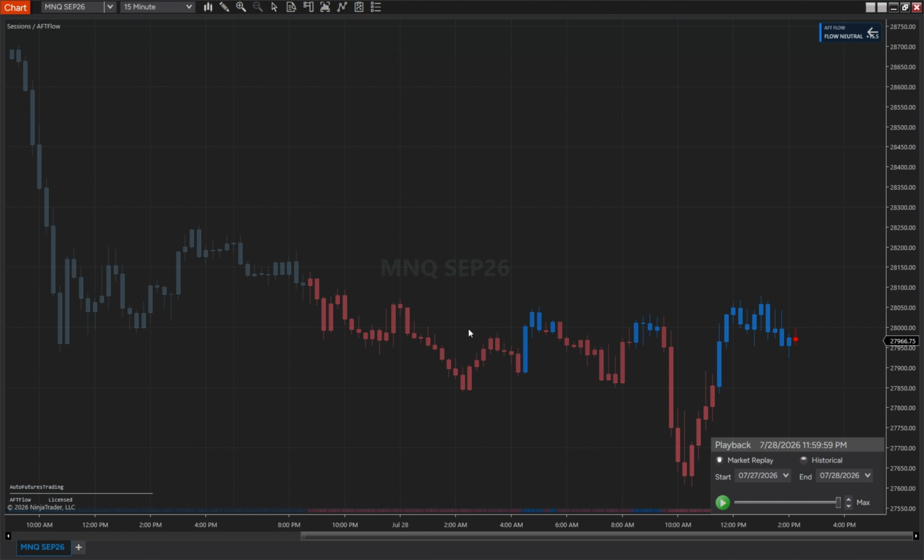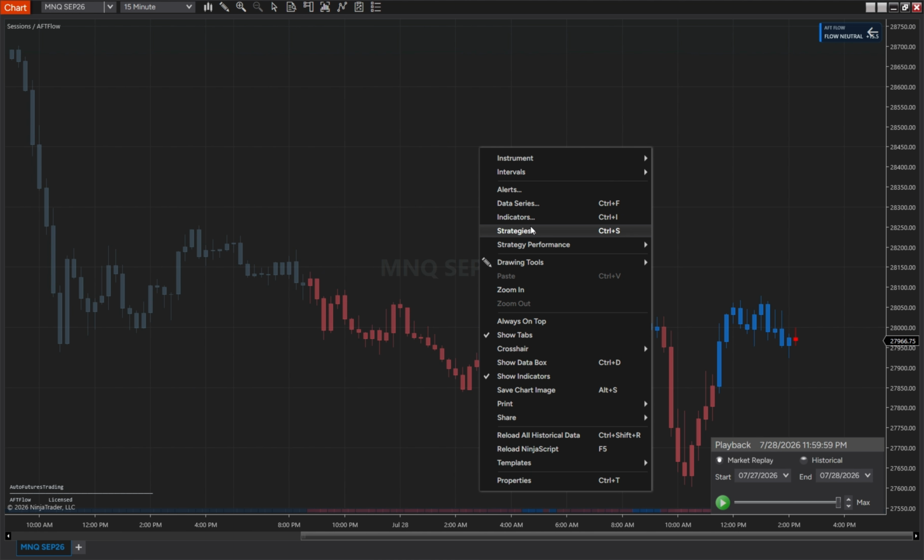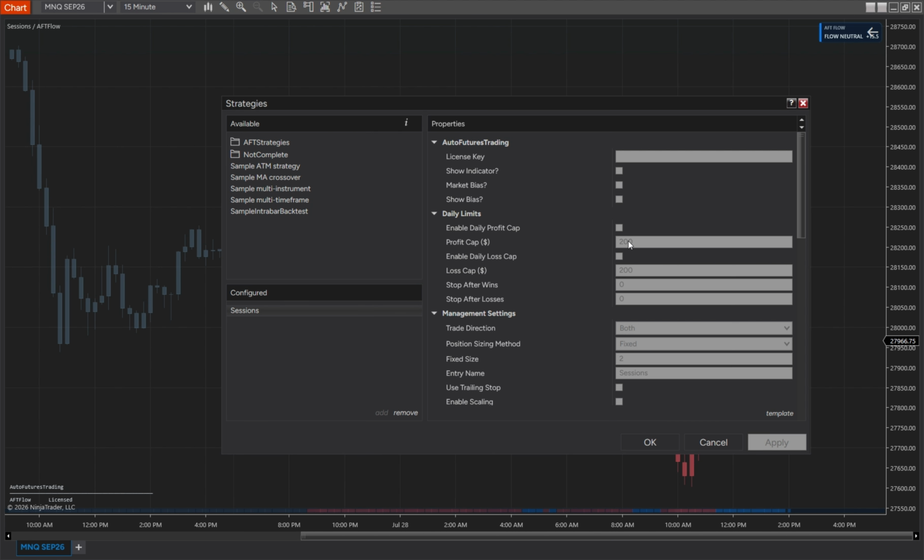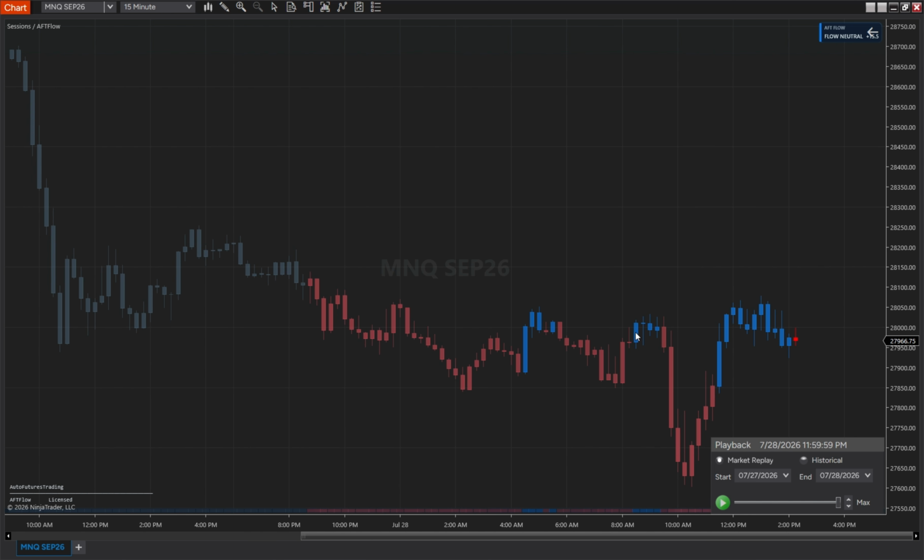Daily controls allow you to set profit and loss limits or pause new entries after positive or negative outcomes, so you're winning and losing trades, and the stop after wins and losses. You can also choose individual operating days, block specific time periods, which is the no trade times, and enable the optional market bias filter to avoid positions that conflict with the broader directional outlook, which is based on our own estimates. We send that every morning.